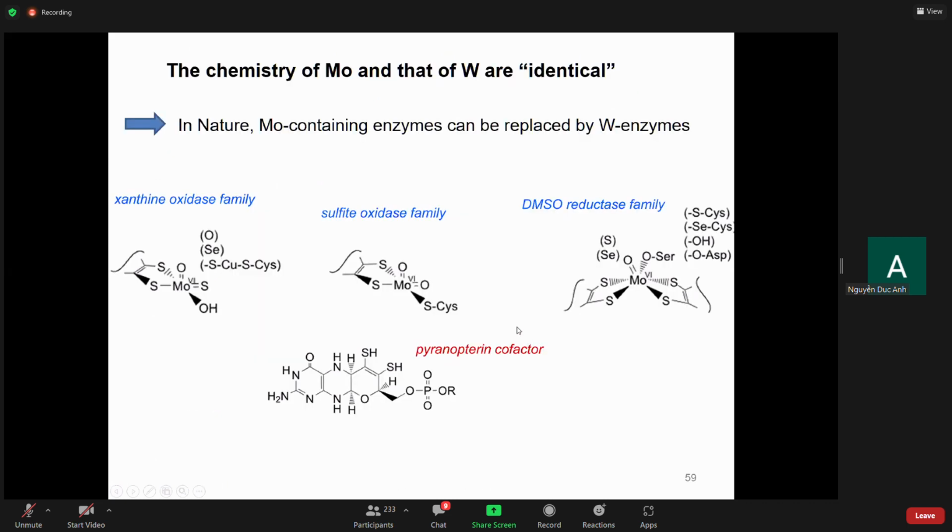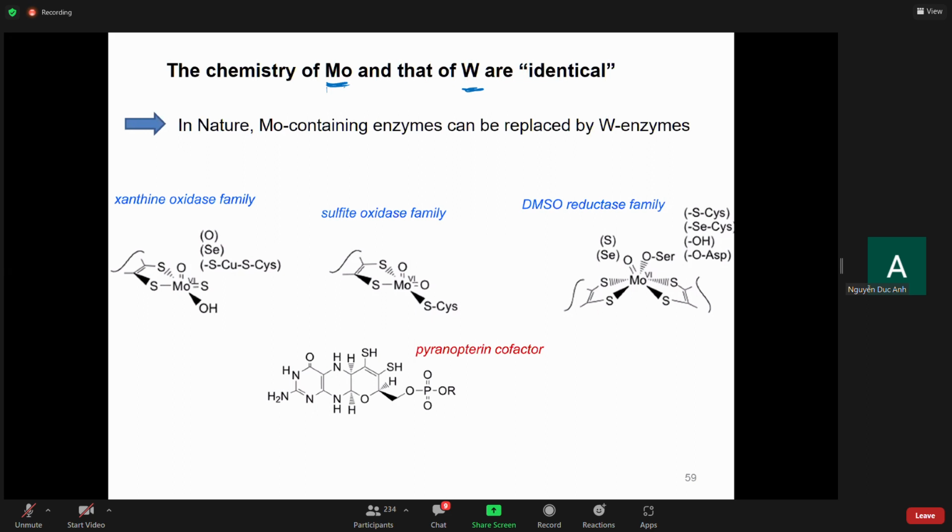Okay, so you see, this is in addition to what I said to you before. Molybdenum and tungsten stay in the same column, right? They're quite identical.